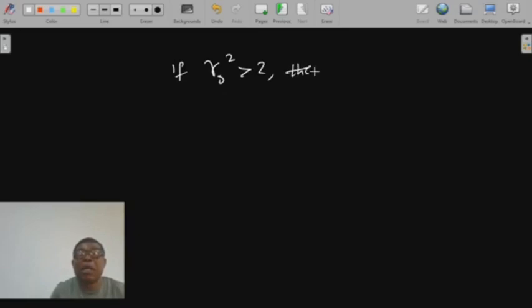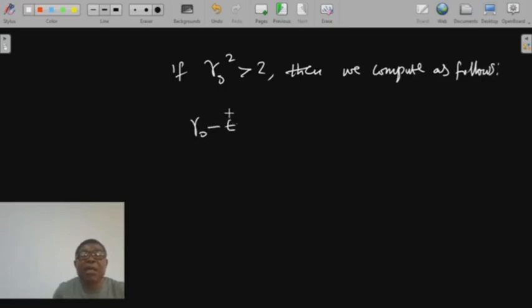Then we compute as follows. This time around, we shall look at gamma naught minus epsilon all squared. Let us see where this will lead us to.